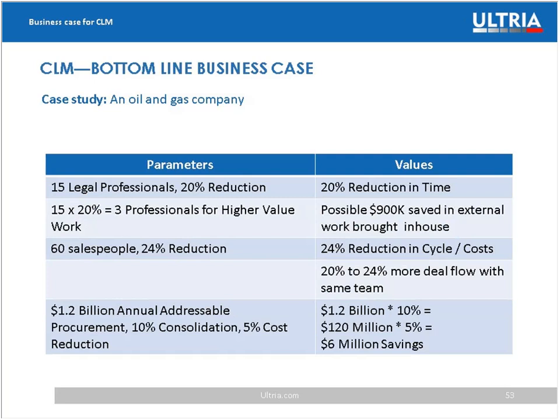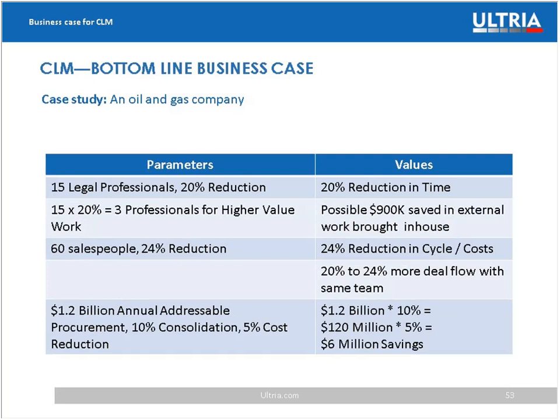Aberdeen Research, I think, had pegged that with a contract lifecycle solution, you can reduce the amount of time that it takes to get a sales agreement out the door by 20%. Now, I'm not a big fan of saying, oh, you can reduce staff, because no one likes to let people go.